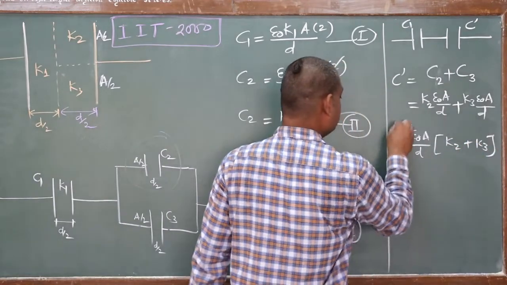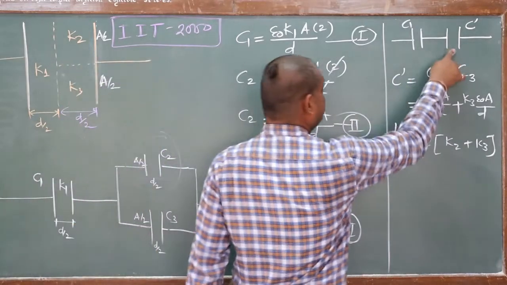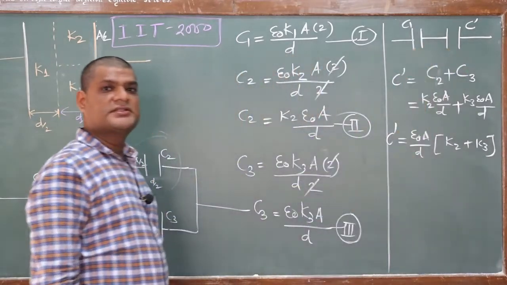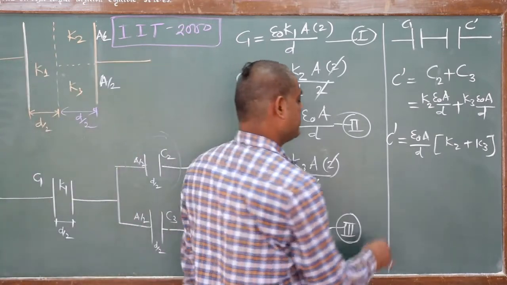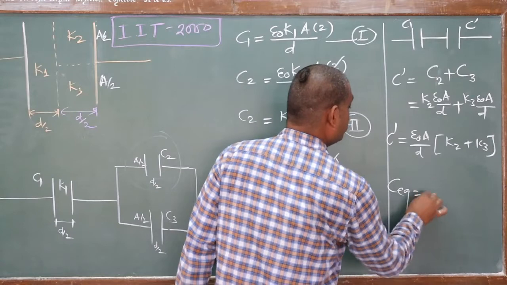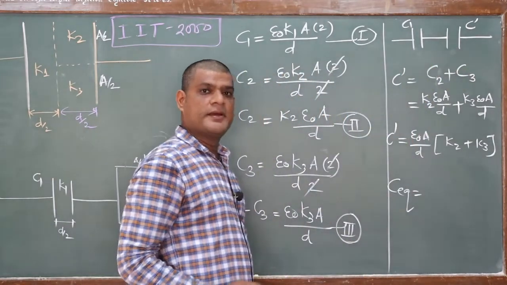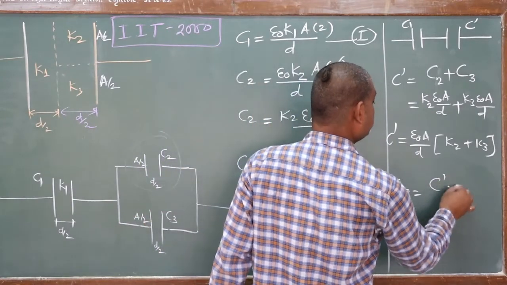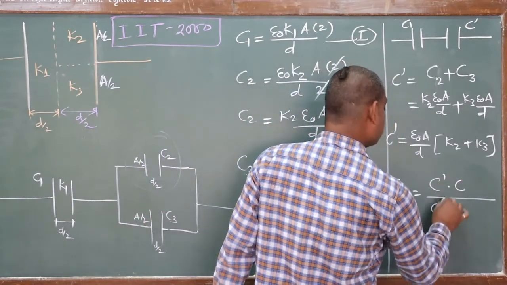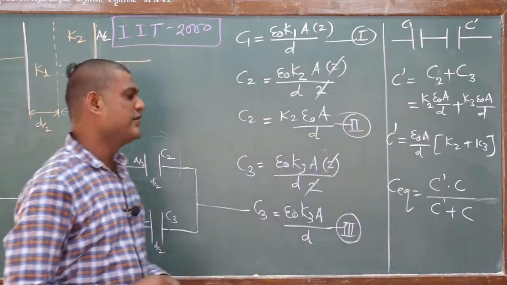This is C dash. Now you can say that C dash and C are in series. So finally equivalent capacitance C equivalent equal to C dash into C divided by C dash plus C, using the formula for series combination.